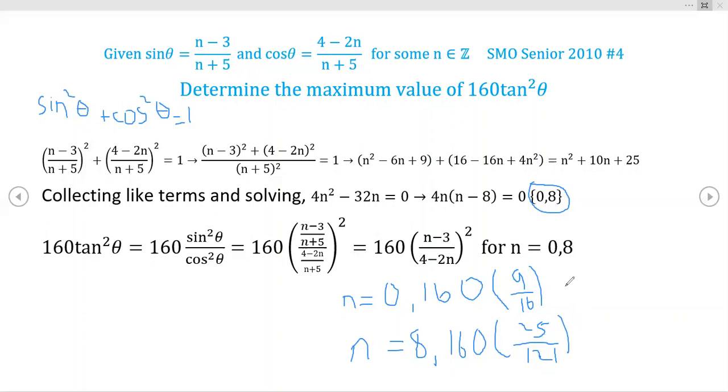So we know that n equals 0 induces the maximum value for the expression 160 times tangent squared. And you see it worked out really nicely. I think in these SMO problems, the answers always come out to be integers. In this case, the 16s cancel and we get 10 times 9 equals 90.